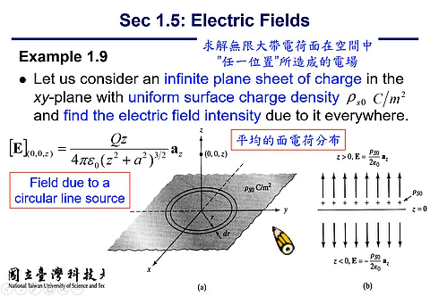And here is the result we found in example 1.7. That is, for a loop of radius a, if the observation point is placed at a distance of z above this plane, the total field contributed by this circle will be this one.